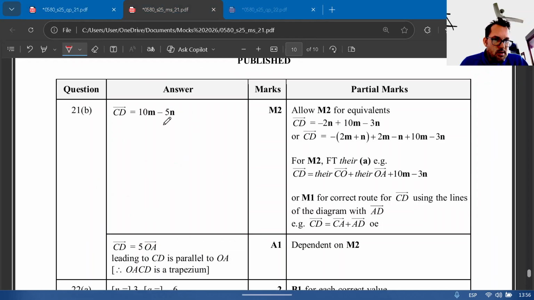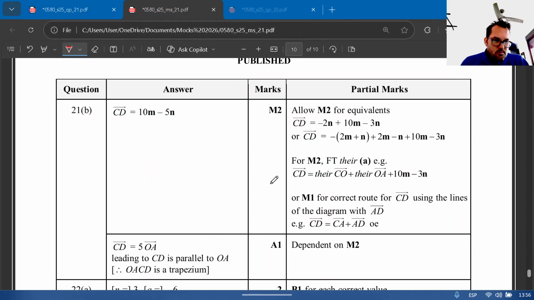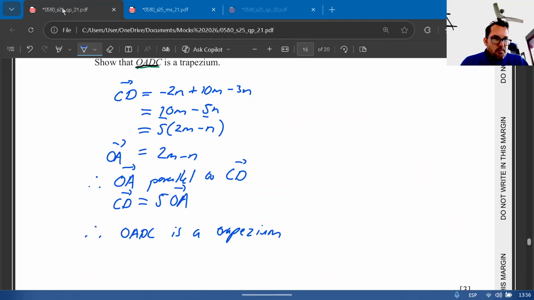Let's have a look. 2 marks for having 2m minus CD. Yes, so there's a lot of moving around. Basically 2 marks for this, or any part of it. Then showing that it is 5 times.